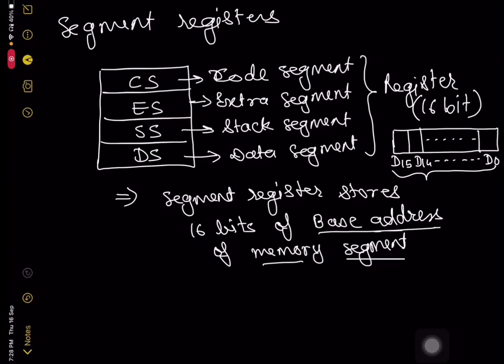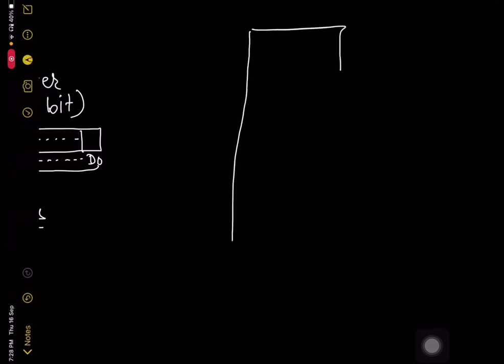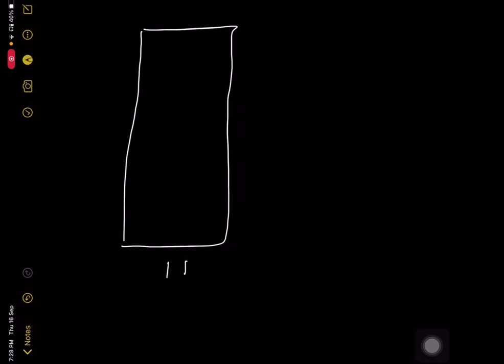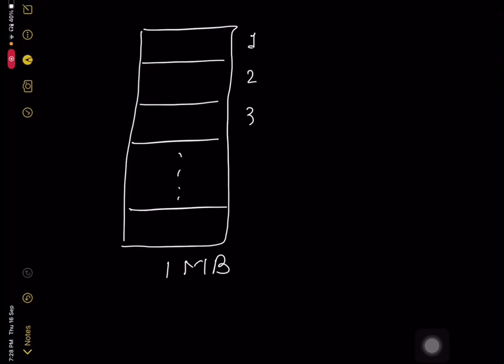Now for this you should understand the memory which we are talking about. We have discussed in the previous lecture that the microprocessor 8086 has a total of 1 MB memory, and this 1 MB memory can be divided into 16 different segments, starting from 1, 2, 3 up to 16 different segments available in this 1 MB memory.